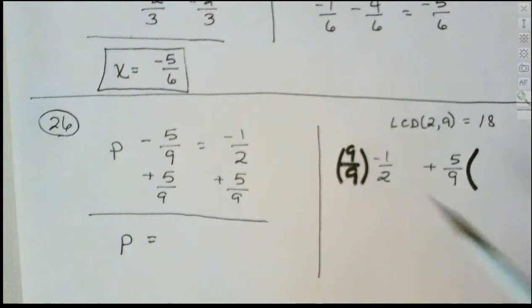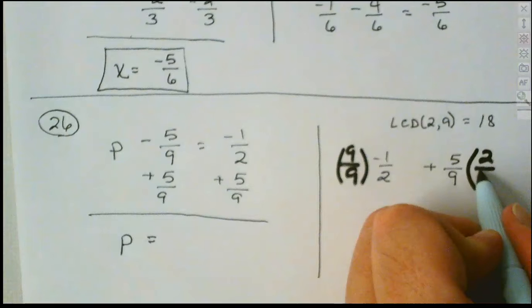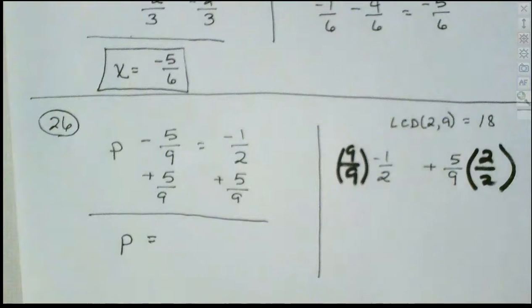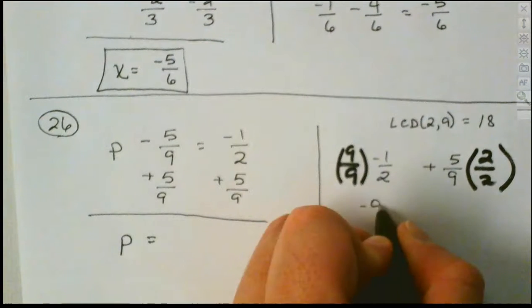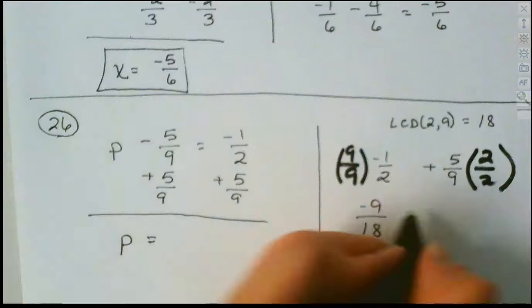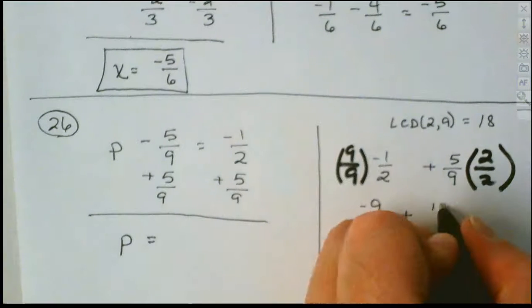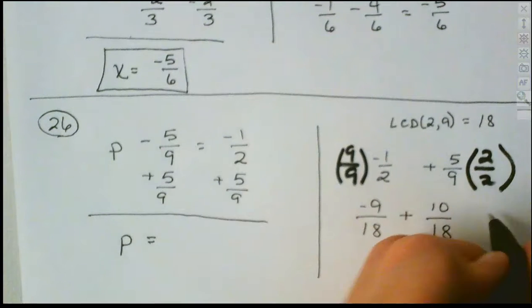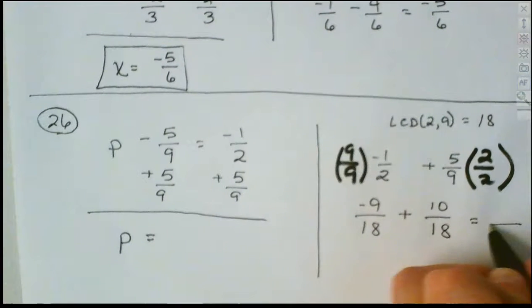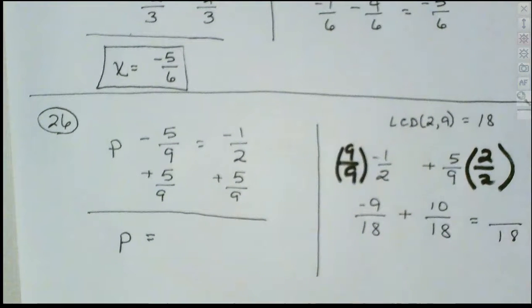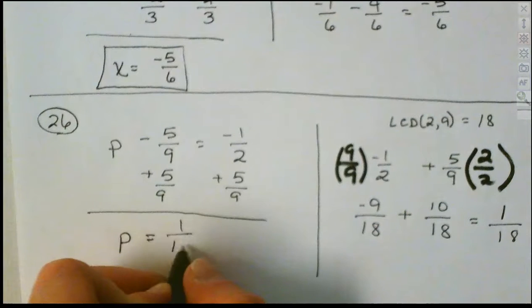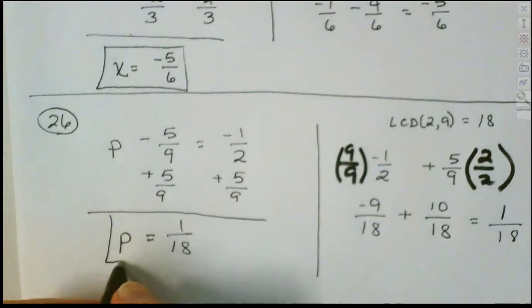And the 5/9 will use a 2/2. Now we've got a -9/18 plus 10/18. Those have the same denominator of 18. -9 plus 10 makes it a positive 1/18.